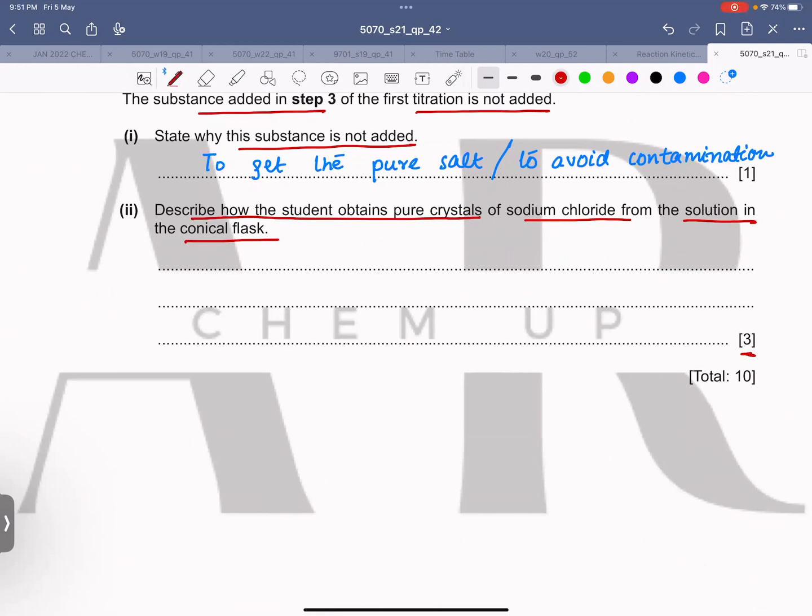So whenever they ask you to obtain the crystals from the solution, first you will write: heat the solution to the crystallization point. Allow to cool.